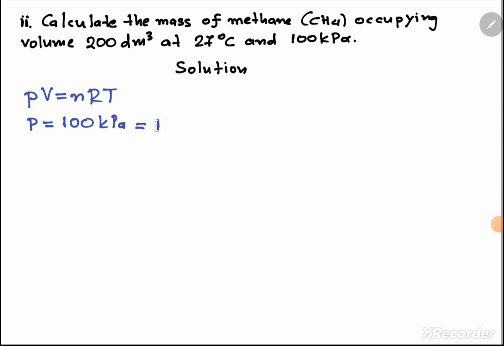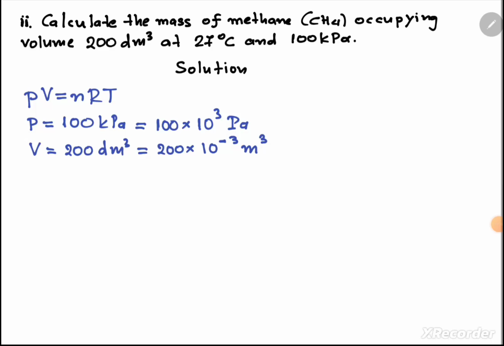So we have 100 times 10 to the cube Pascal. Volume is 200 dm cubed. We have to convert to meter cubed. So we have 200 times 10 to the minus 3 meter cubed.